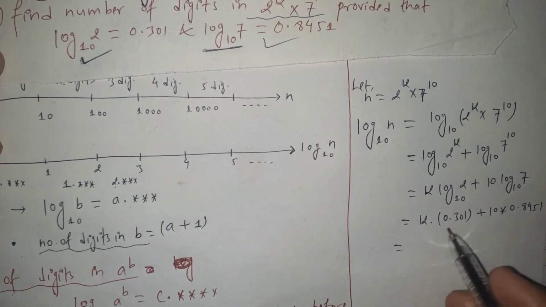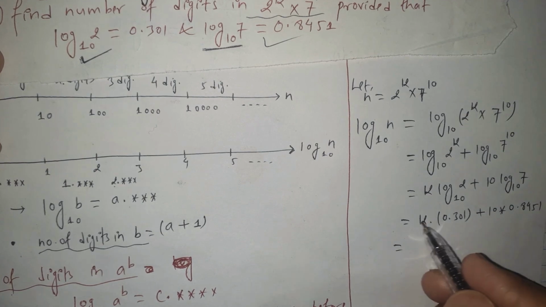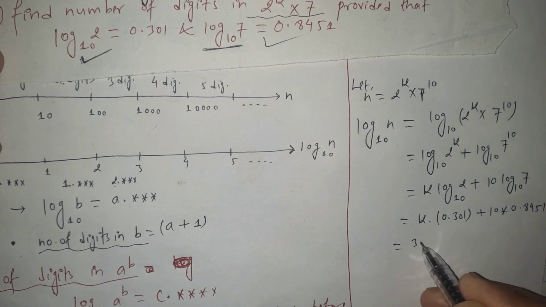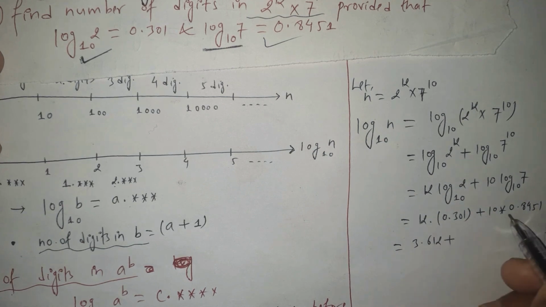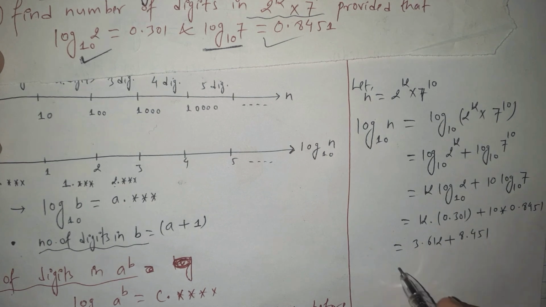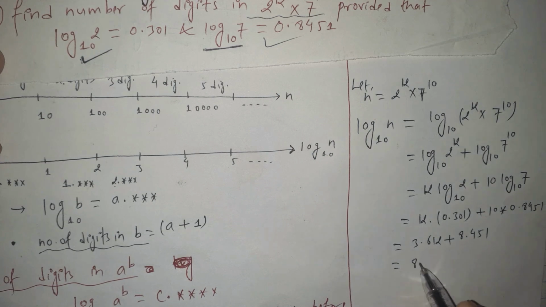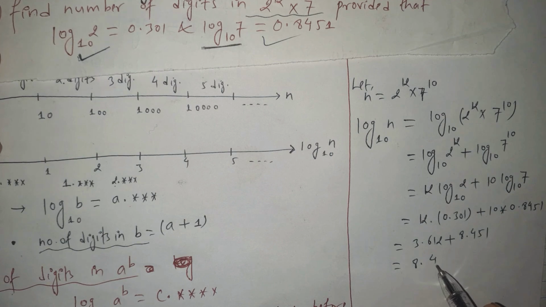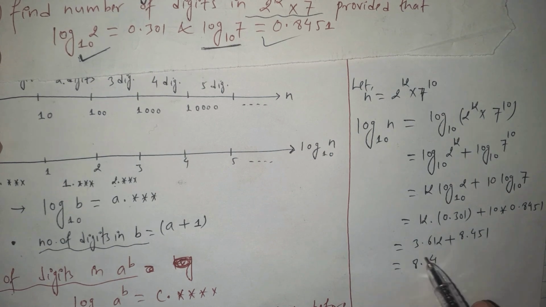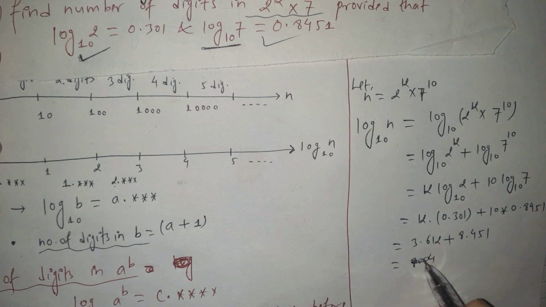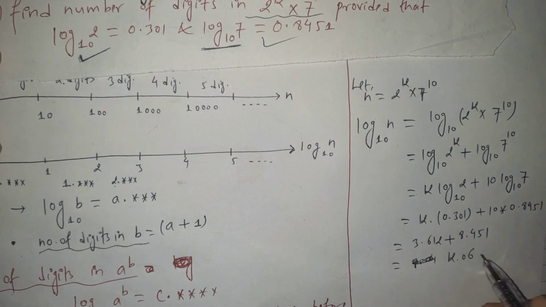Now calculating this, if we multiply these numbers we get 3.612 plus 8.451. If we add them, the final result is 8.451 plus 3.612, which gives 12.063.